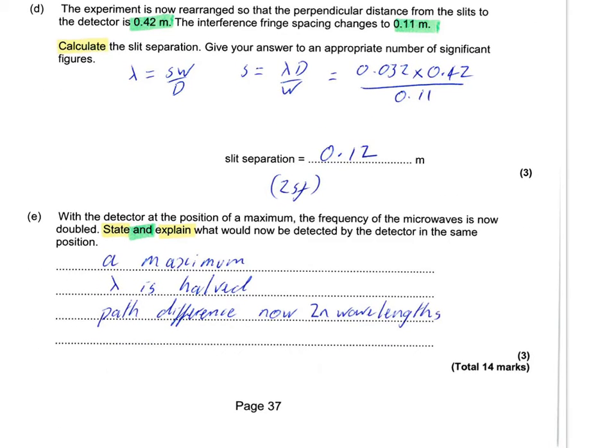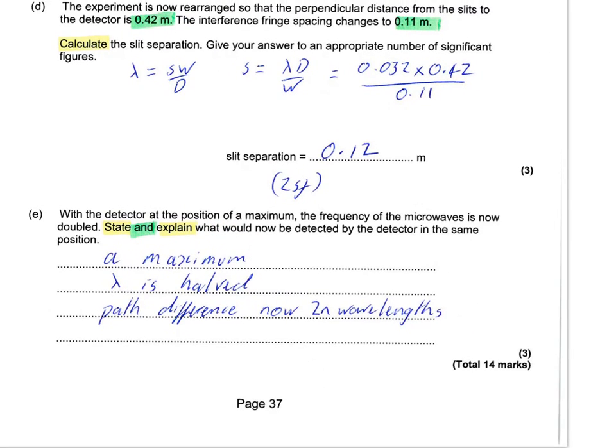And then finally, at the detector at that maximum position, the frequency of the microwaves is doubled, and you're asked to state and explain what would now be detected by the detector at the same position. So if we double the frequency, we're going to halve the wavelength, c equals f lambda. So that same path difference of 0.032 meters will still be a whole number of wavelengths.